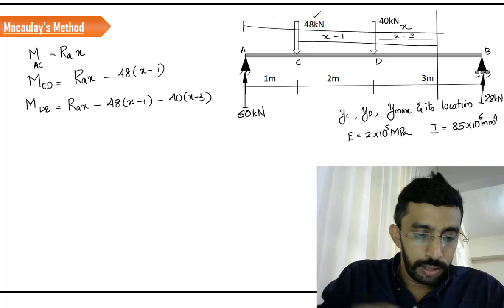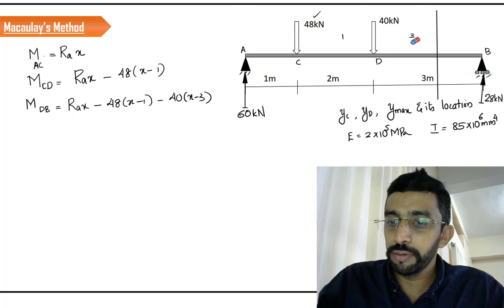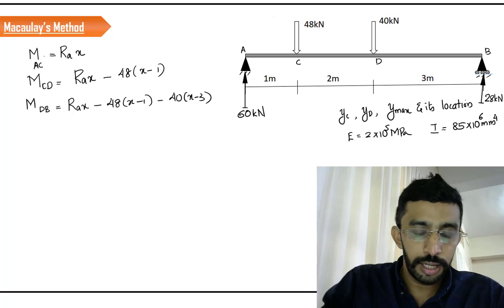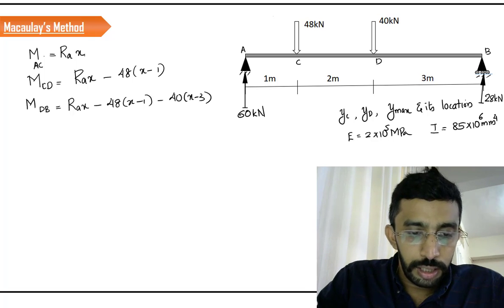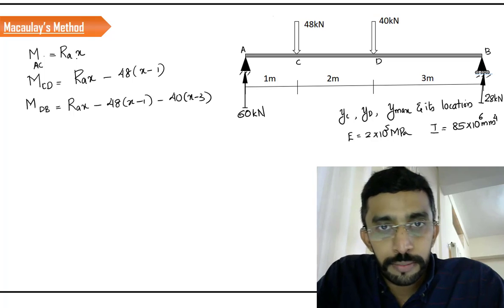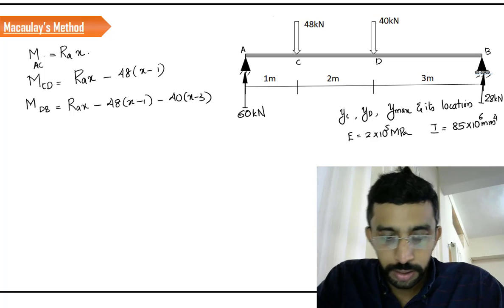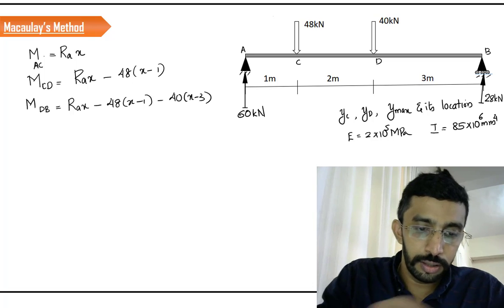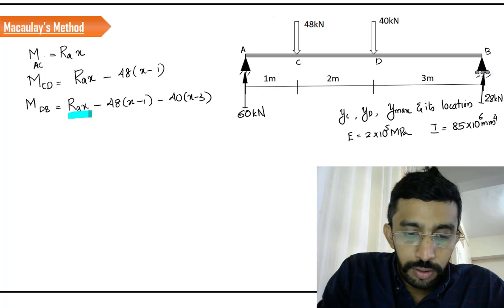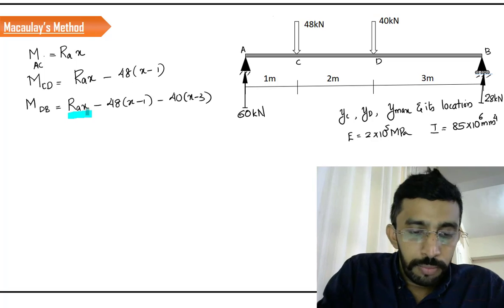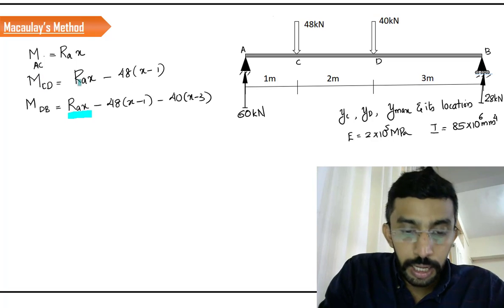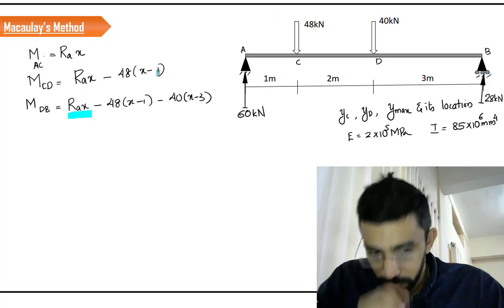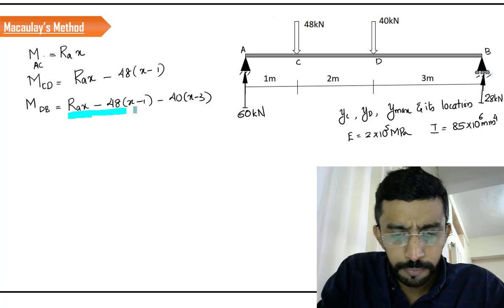Now if we look into the equation, we can say that the term for the moment AC is RA into X, which is available in the final equation. The moment equation for CD is RA into X minus 48 into X minus 1. That is also available here.